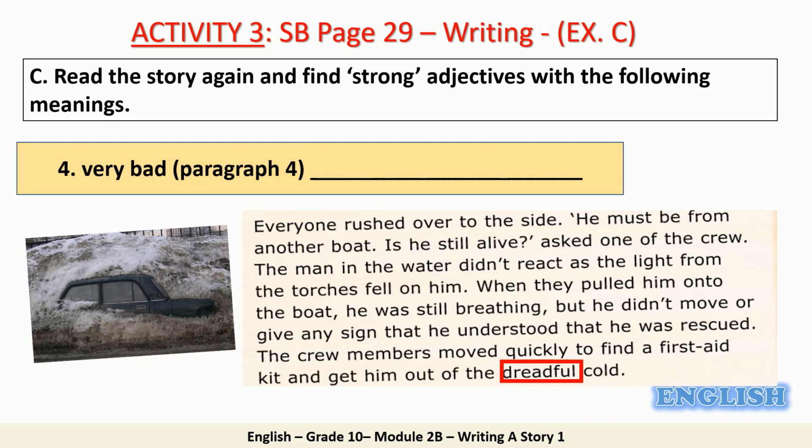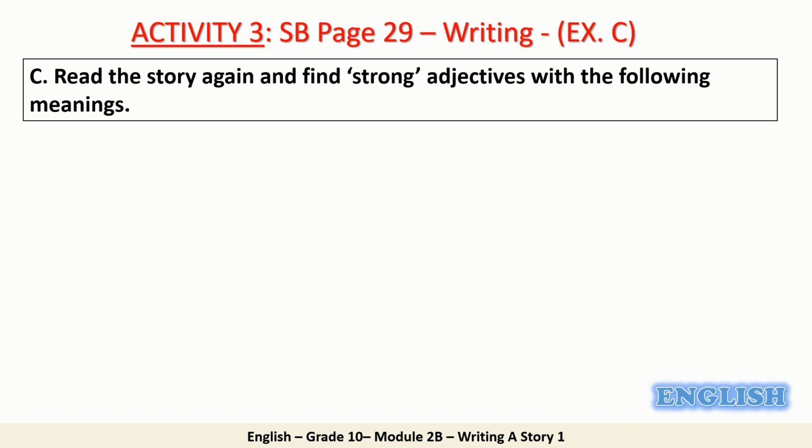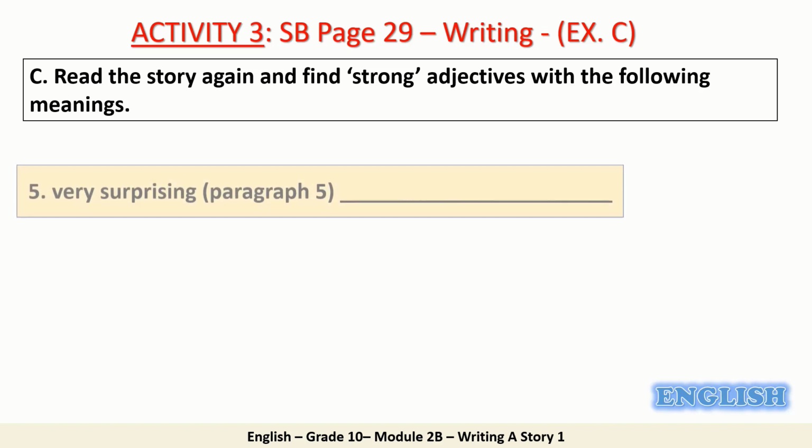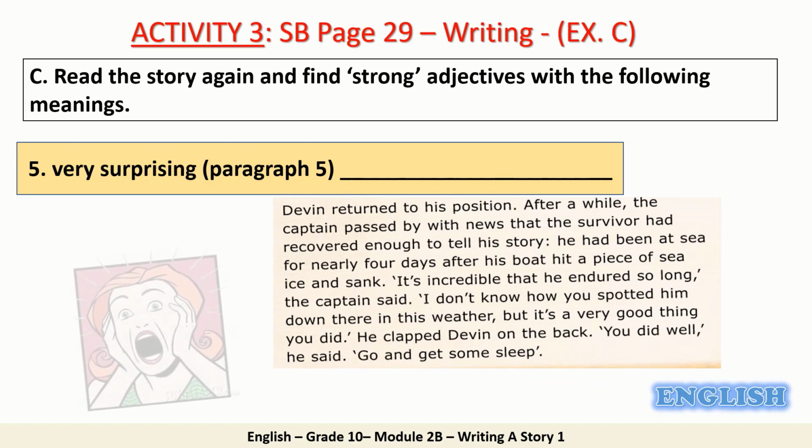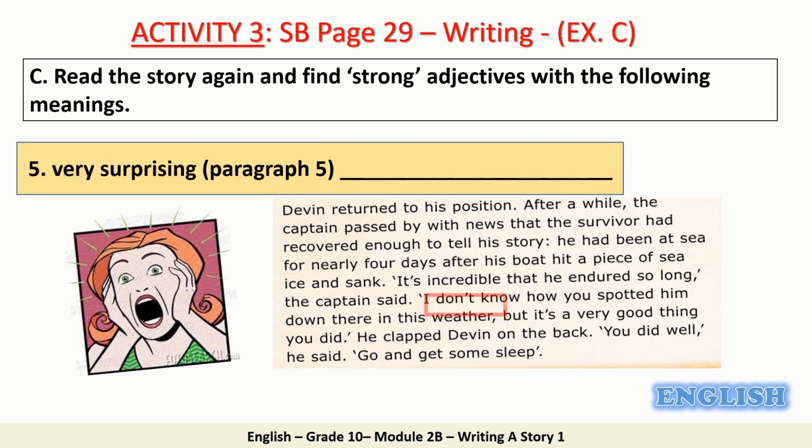Dreadful. So dreadful means very bad. Our last adjective. We have to find a strong adjective in paragraph 5 that means very surprising. What's the answer? Incredible. So incredible means very surprising.